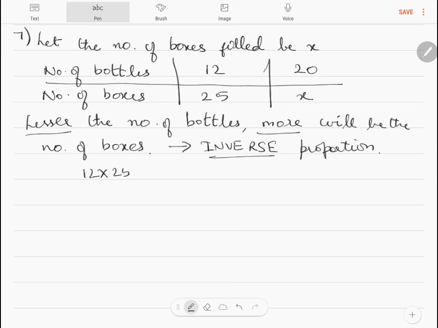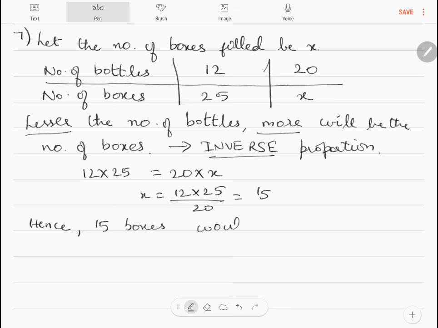So 12 into 25 is equal to 20 into X. X is 12 into 25 by 20, which is equal to 15. Hence 15 boxes would be filled.